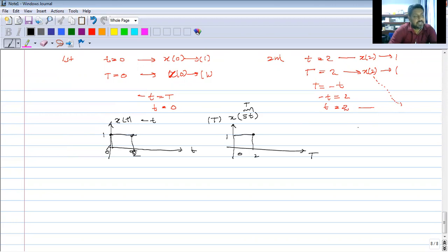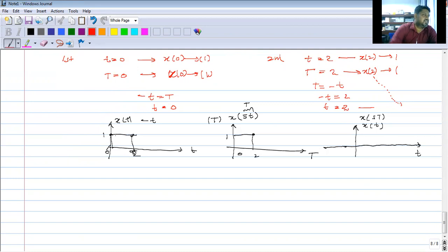But the matter is that we want to plot this signal with respect to simple t, not capital T. We want to plot this x(5t), or x(capital T), with respect to simple t. So how do we find it? The same way.